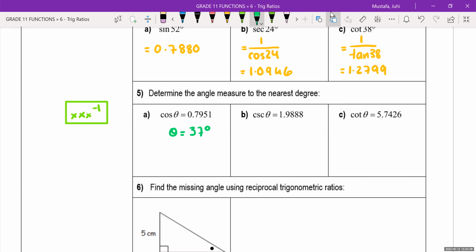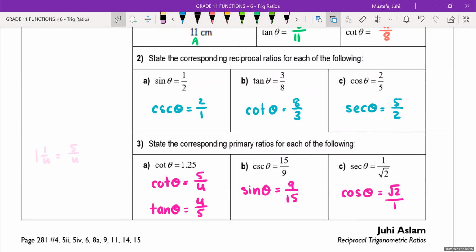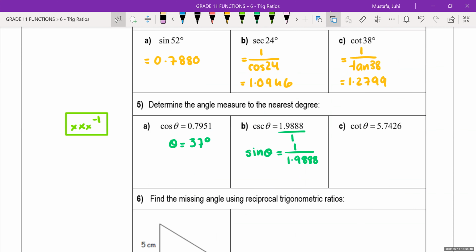But what do we do when we have cosecant or something like this? So technically, this is like saying cosecant theta is equal to 1.9888 over 1. We can rewrite this and make it sine theta is equal to 1 over 1.9888. So remember the exercise we did for questions 2 and 3, where we were just flipping it around? We're doing the same thing, except in this case, if it's just a decimal number, always put it over 1.